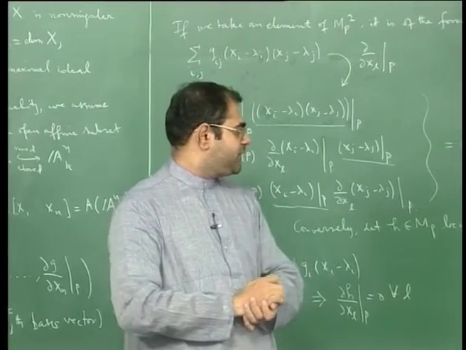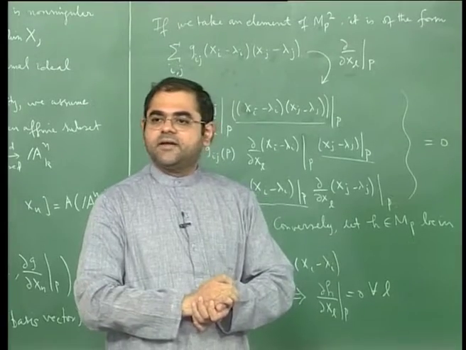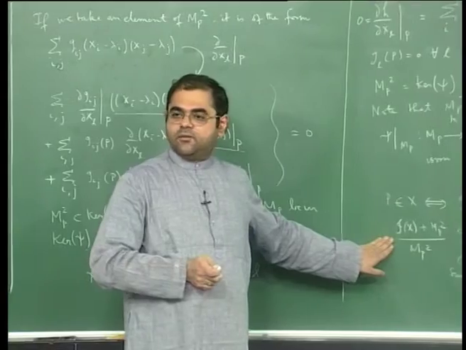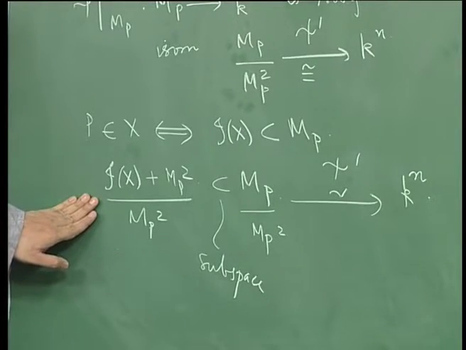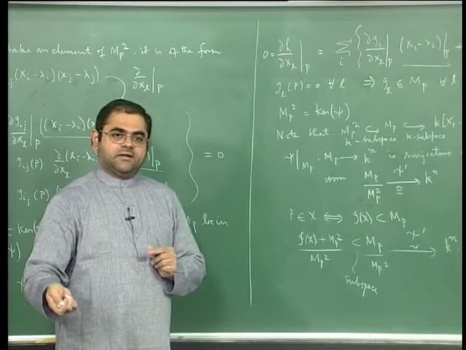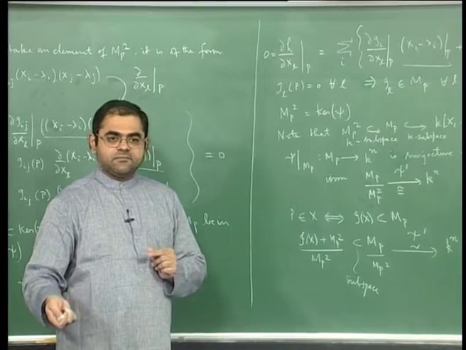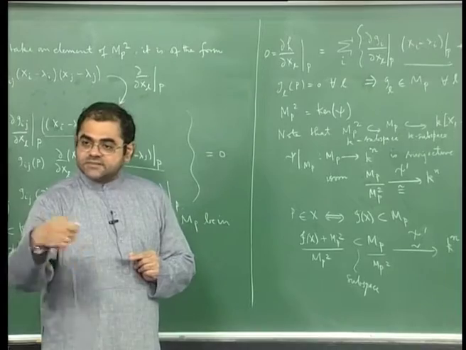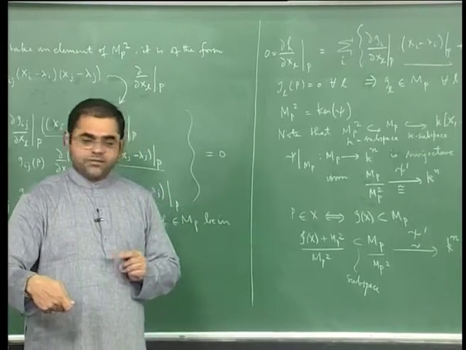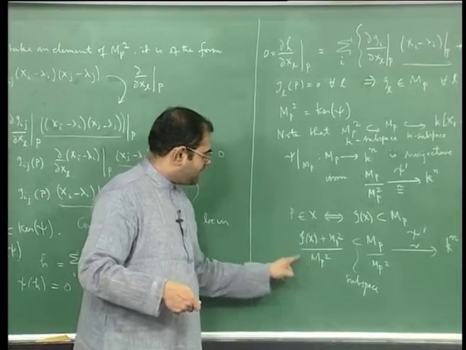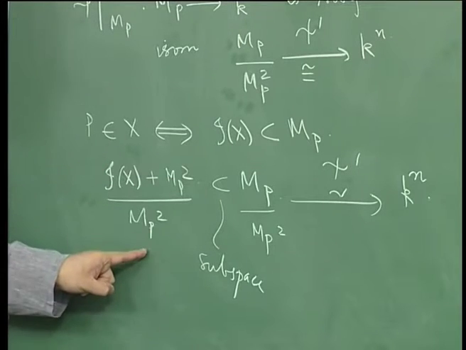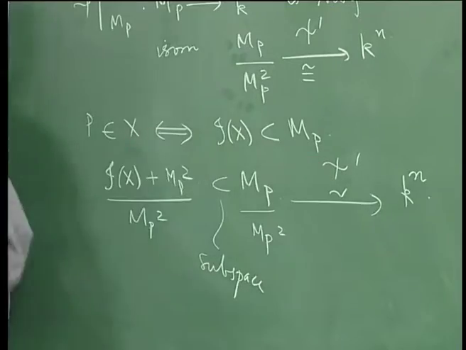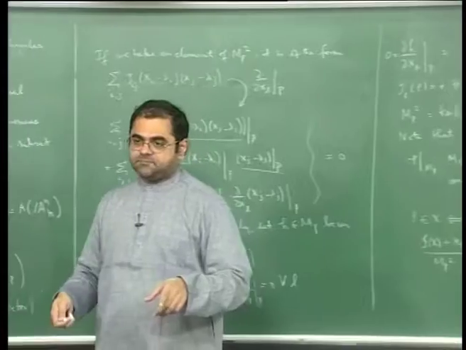You simply take a set of generators for the subspace and apply the linear map. The image of a subspace is just given by taking the span of the images of the generators of the subspace. So if I want the image of this, I have to just take a set of generators for this, apply psi prime to that and take the span of that.